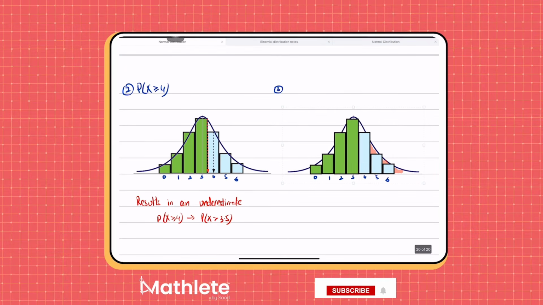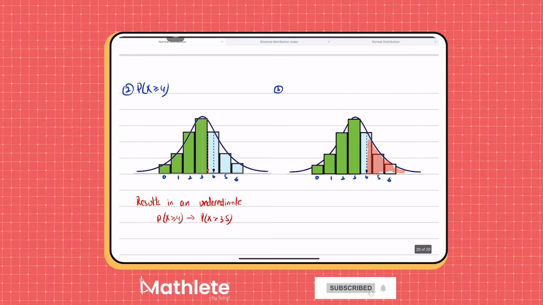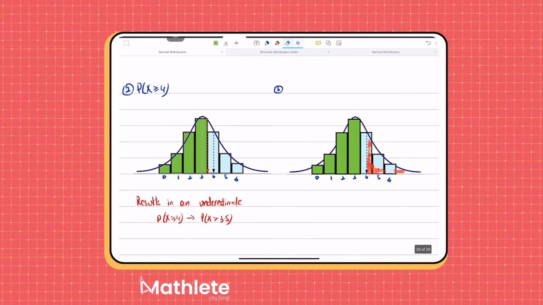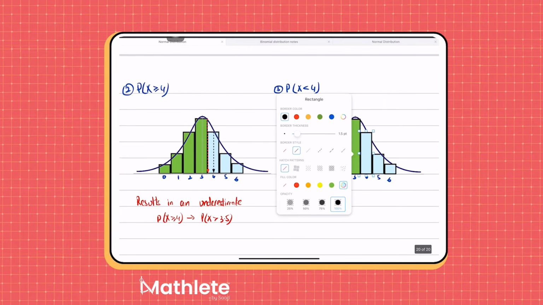Now, here's the third case. Let's say you're asked to calculate the probability of x being less than 4. Now let me make some changes here real quick.